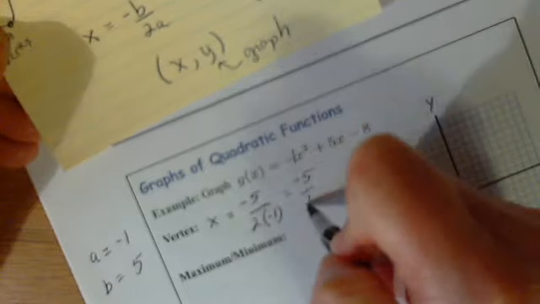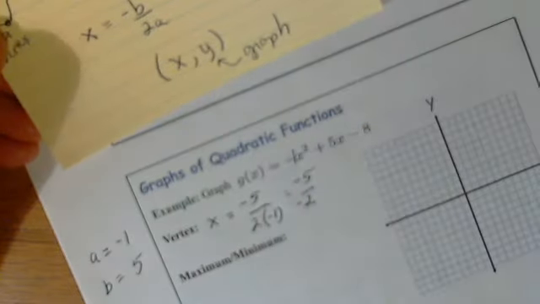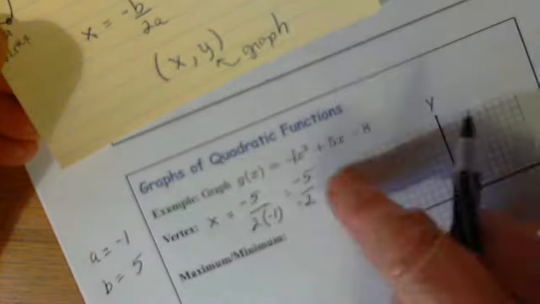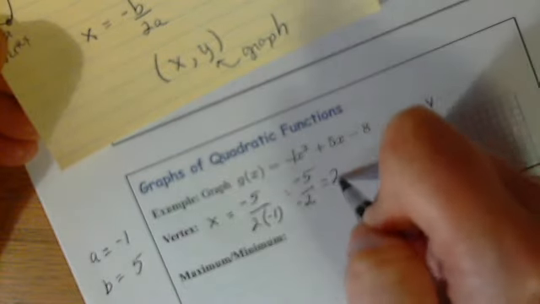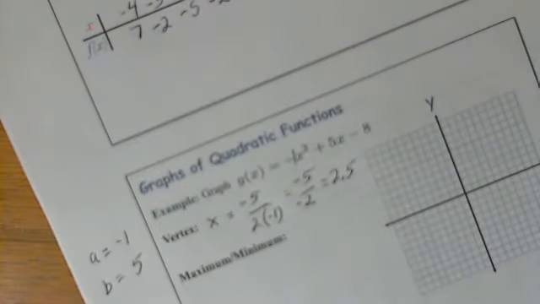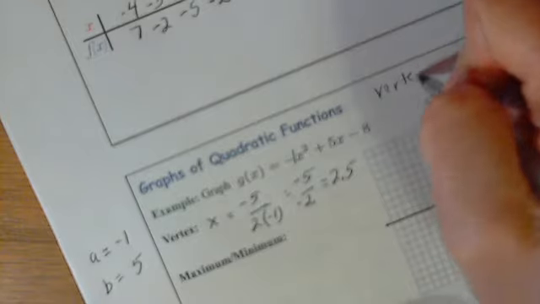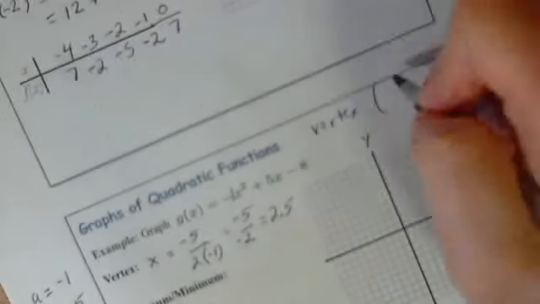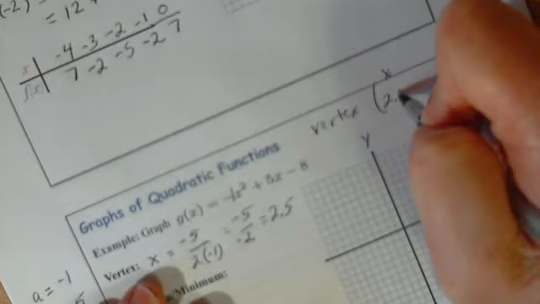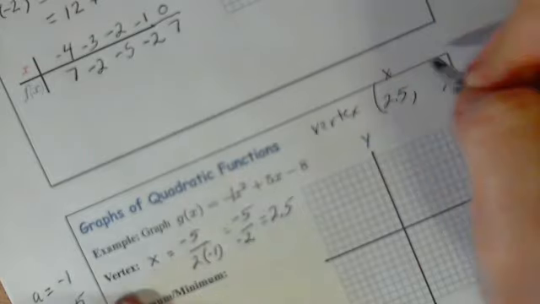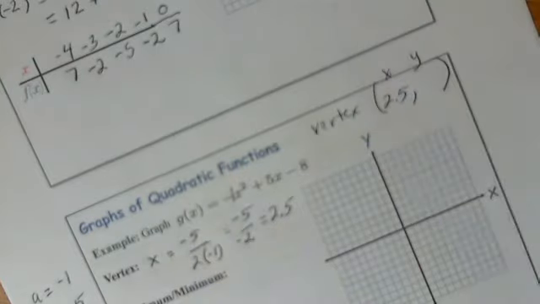We get negative 5 over negative 2, and a negative divided by a negative is positive. 5 divided by 2 is 2.5. So, for our vertex, we've got the x value right now. We know it's 2.5.